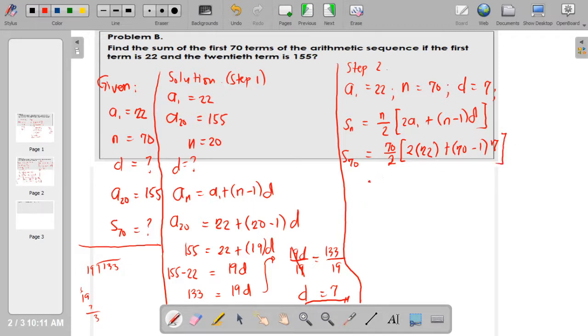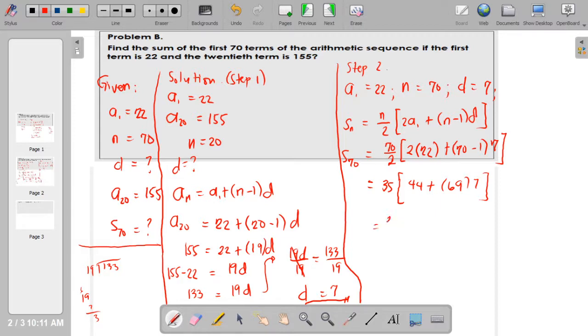Okay, so from here we divide 70 by 2, that is 35. 2 times 22 is equal to 44. 44 plus 70 minus 1 is 69 times 7.